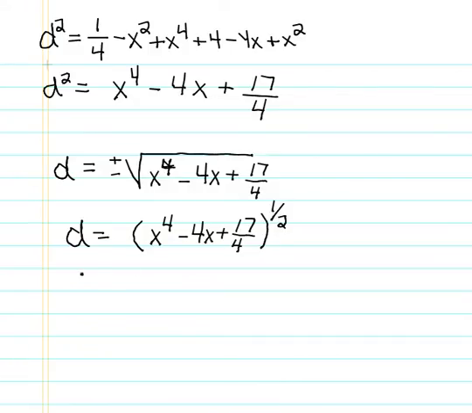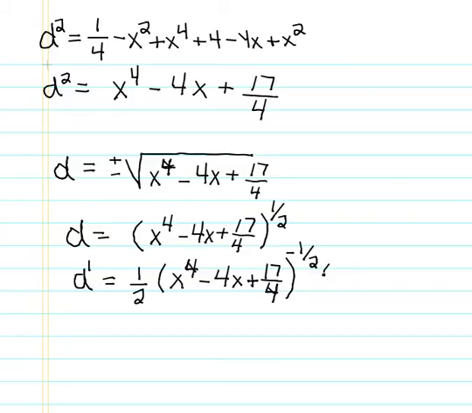That way I can use the chain rule when taking the derivative and get that the derivative of this function is 1/2, bring down the 1/2, multiply by what's in the parentheses, x to the fourth minus 4x plus 17 over 4. This pen does not like writing 4s, or plus signs. All to the negative 1/2 power.